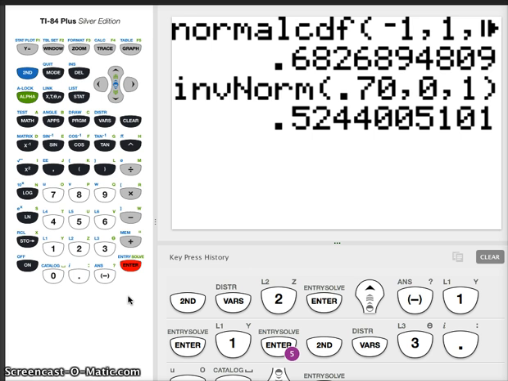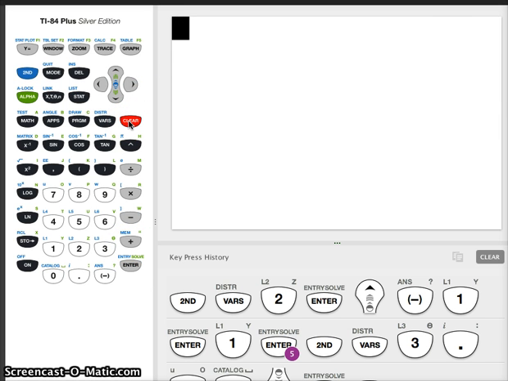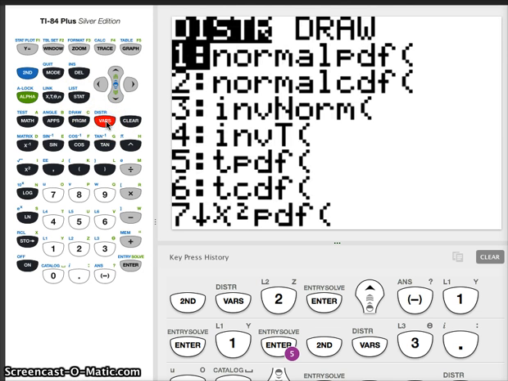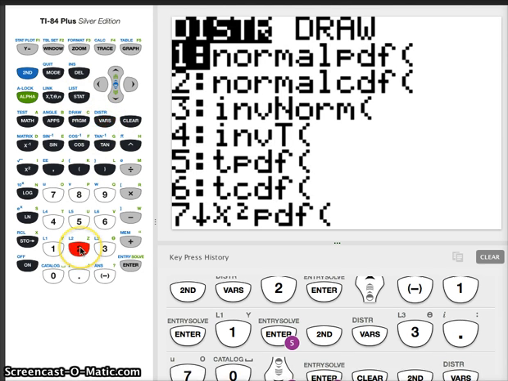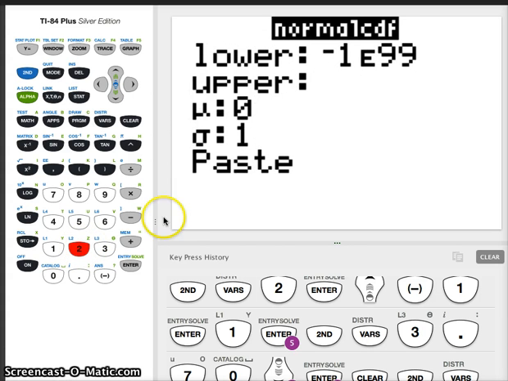That, my friend, is a little bit of the calculator. Now someone says, can you show me again how you get these values? Sure. What if I wanted to know the area under the curve on a normal distribution way over to the left?